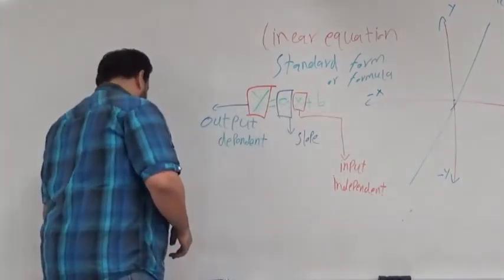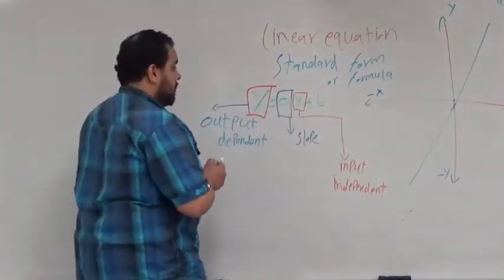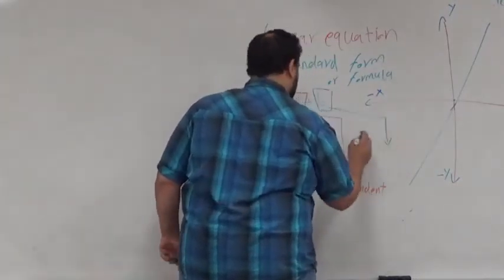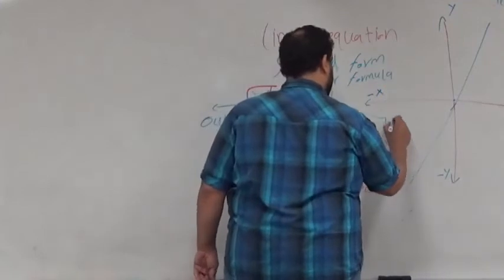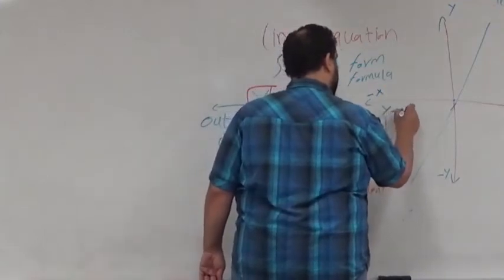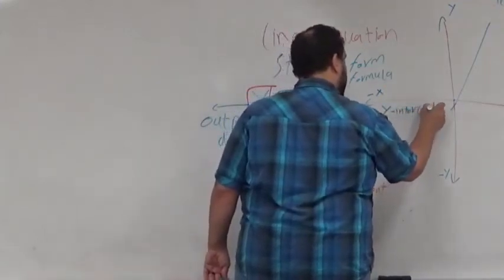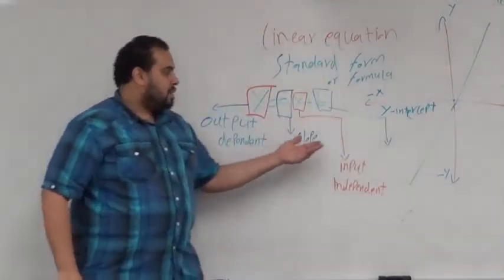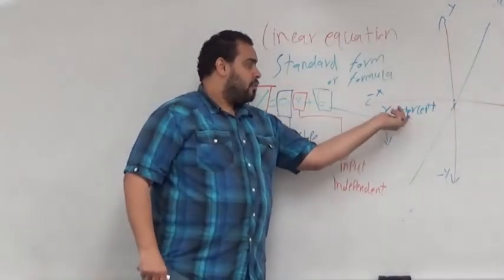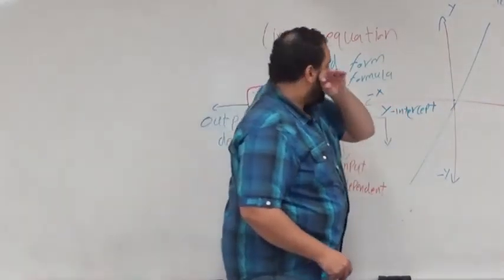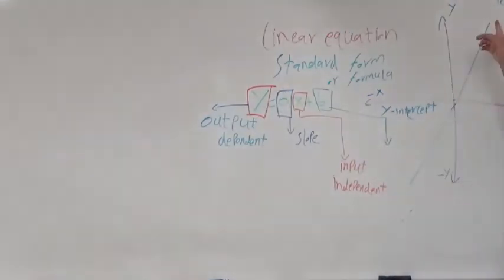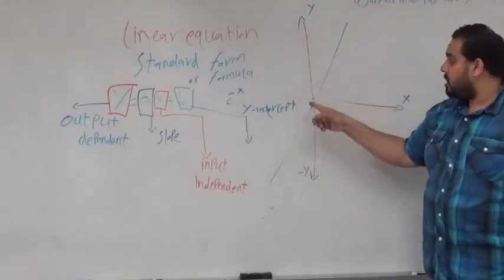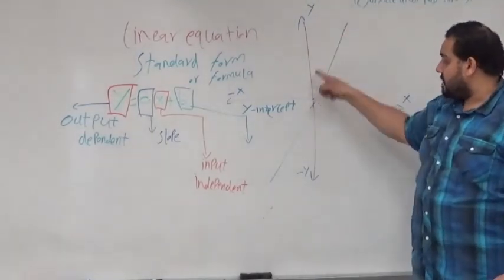Then the last one here, the b, is called the y-intercept. And the y-intercept comes from its definition. It means that when I draw my line, when I graph my equation, it will cut the y-axis at a point.